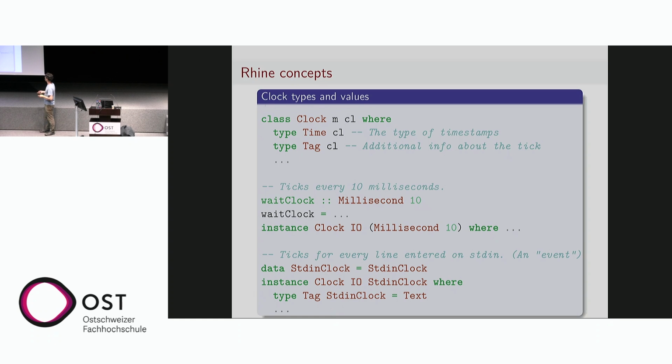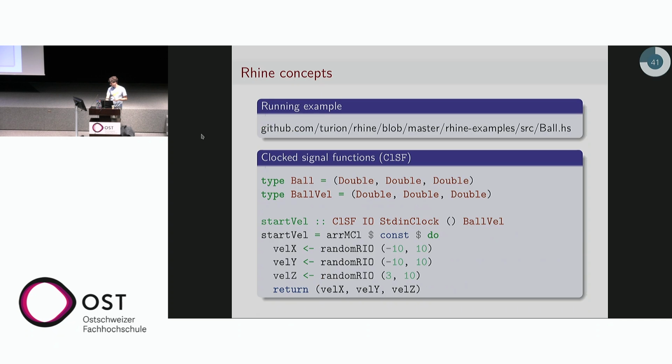So you have these two concepts for clocks. Now we have CLSFs, clocked signal functions. At first, these are really just signal functions, hence they have input and output, and they have this type level tag here. What this gives you as an extra effect is that it is able to access the time of that particular clock.